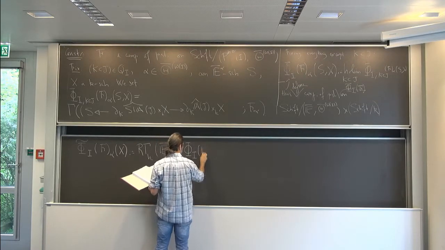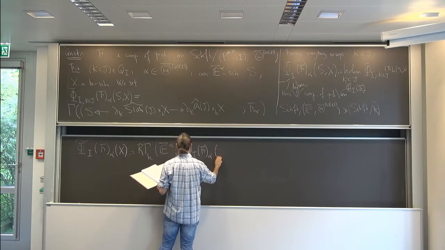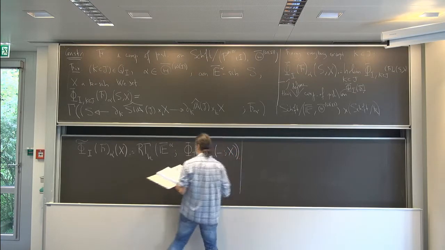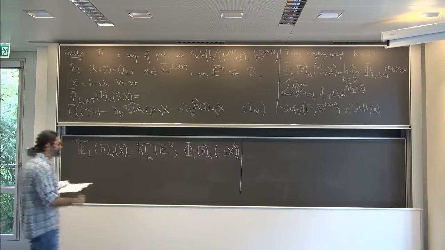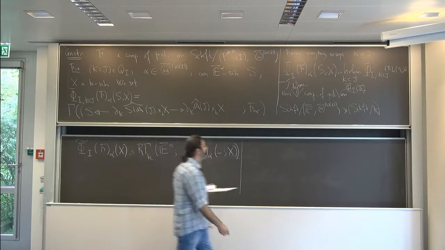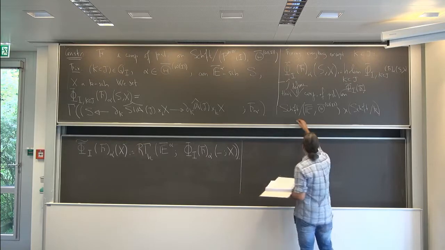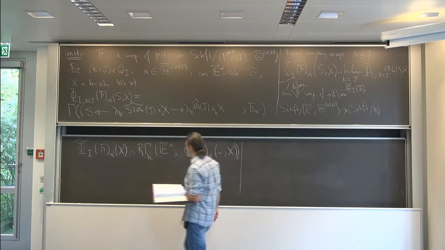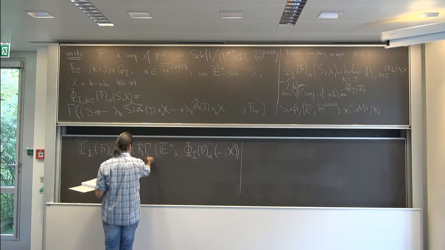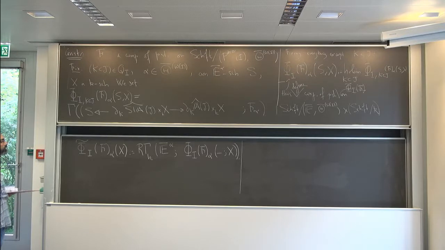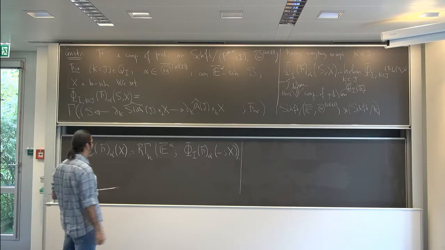So I fix everything except S, I get in this way a complex of presheaves, and I just compute the H cohomology of E alpha with value in this presheaf.